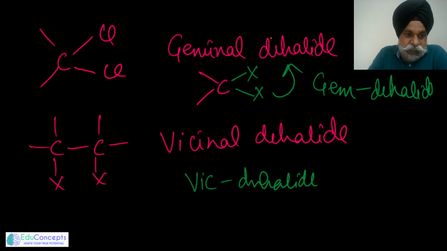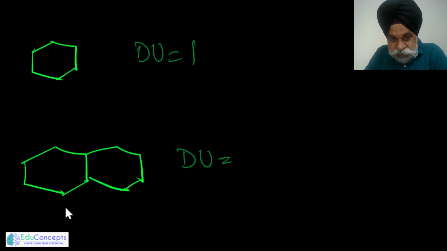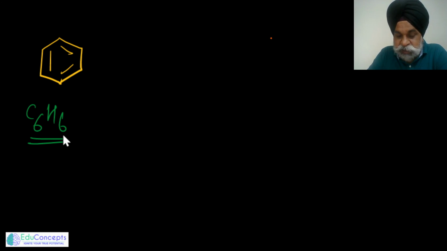Now, if I ask what is the degree of unsaturation of this compound, we will say the degree of unsaturation is 1 because there is one ring. In this one it would be 2 because there are two rings. And if I go for this C6H6, are you recalling? In the first lecture, I said that if somebody asks what is C6H6, knowingly or unknowingly everyone says that it is benzene.